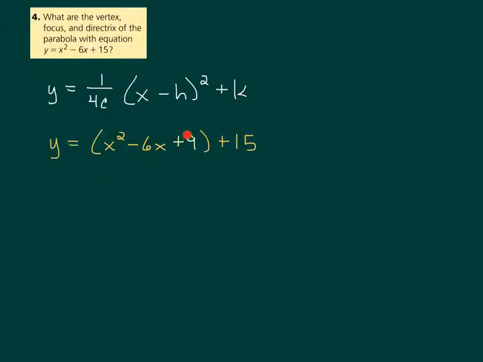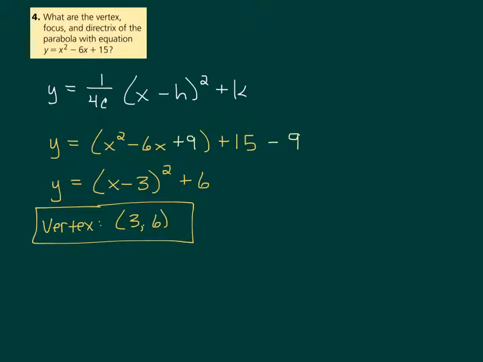Now, since I add 9 here, I must subtract 9 here so that everything is balanced. So that in the end, I've done nothing other than allow myself to now write the equation in the form x minus 3 squared plus 6, telling me that the vertex is the point 3, 6.